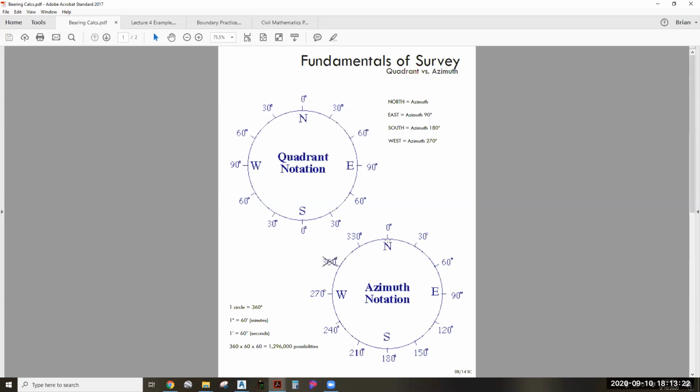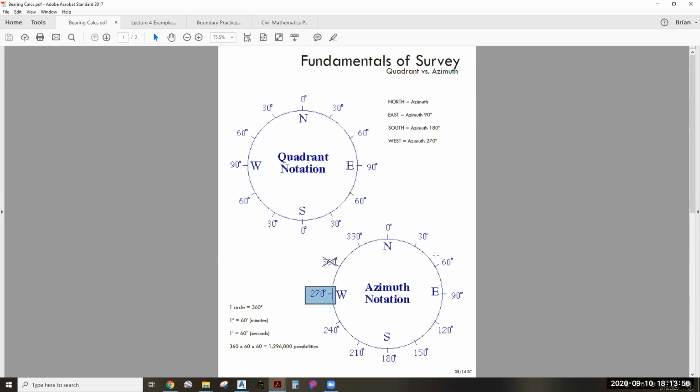So if I was at the north spot here, that would be an azimuth of 0. If I came over to east and I drew a line from the center in the easterly direction, that would be an azimuth of 90. Drawing a line to the south, that would be an azimuth of 180. And west would be 270, azimuth of 270.